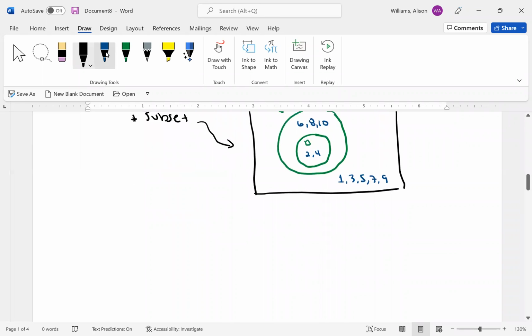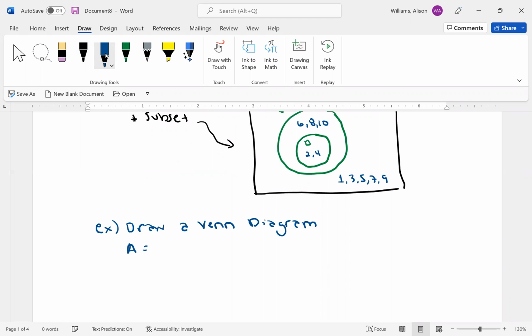So let's look at some examples of how this might play out, different ways we could look at this. So I'm going to look at 2 different examples. So let's say that we're asked to draw a Venn diagram to represent these 2 sets.